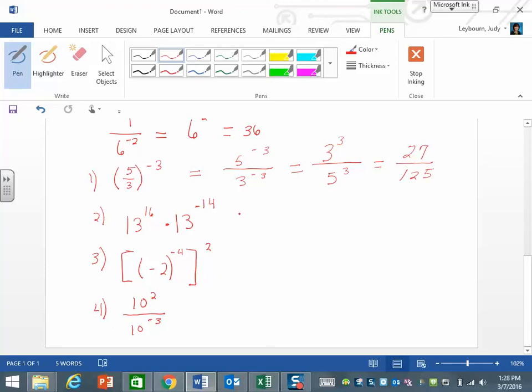For this problem, I keep the base the same. I can add my exponents just as I did when they were both positive, and I have 13 squared, or 169.